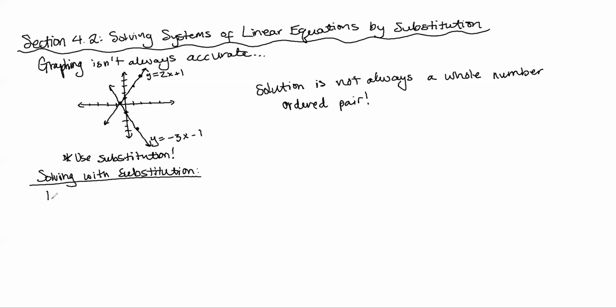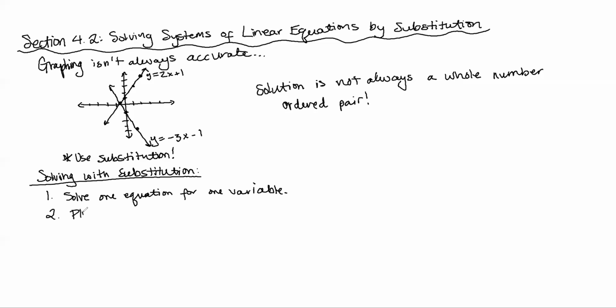All right, so first thing we want to do is solve one equation, just one of them, for one variable. And it doesn't matter which one you solve for, sometimes one is easier than the other. If one doesn't have a coefficient other than 1, then it's going to be easiest to solve for that variable. We'll see that a little bit more.